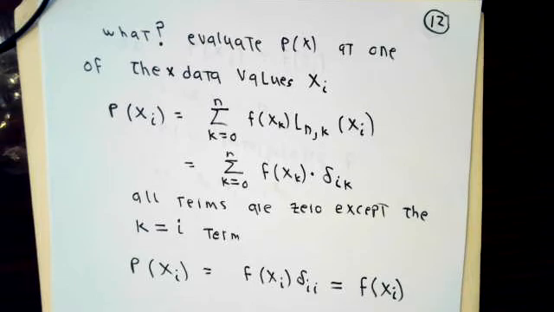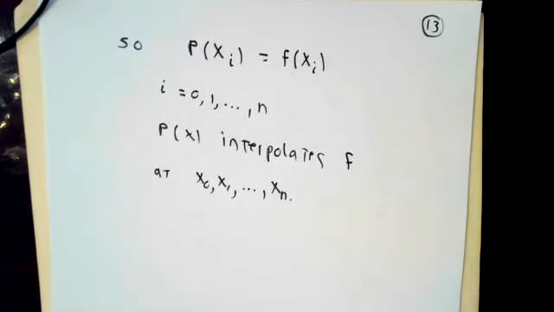So we'll say that p and f agree at x0, x1, x2, out to xn, or to use the fancier word, we say that this polynomial p interpolates f at the data points. So our suspicion turns out to be true. Give me n plus 1 data points with distinct x values. There is a way to find a polynomial that interpolates the data.